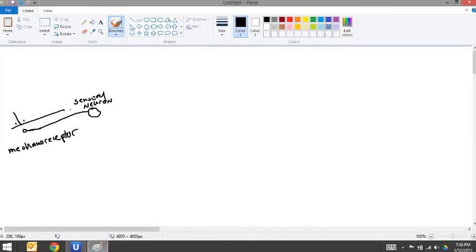The first step is the sensory neuron detects a sensation on the skin. I'll draw this as a hand, so you know what that is. So then what that's going to do is communicate that sensation all the way up to the spinal cord.